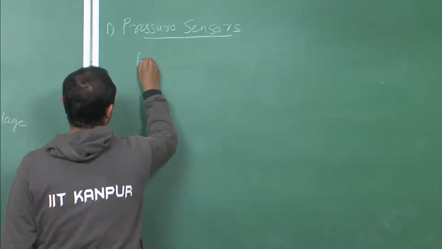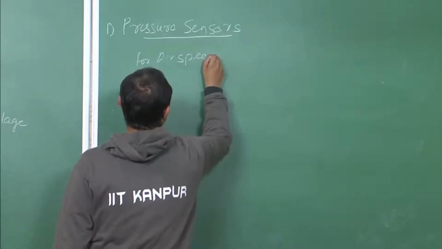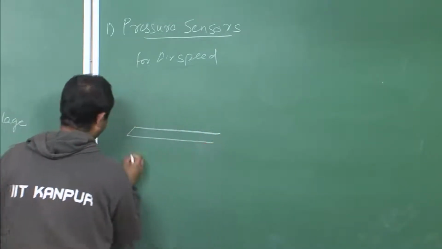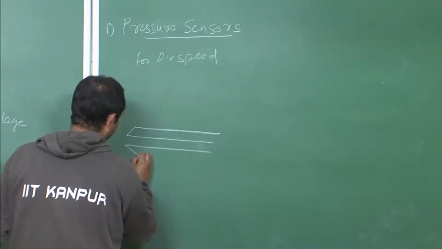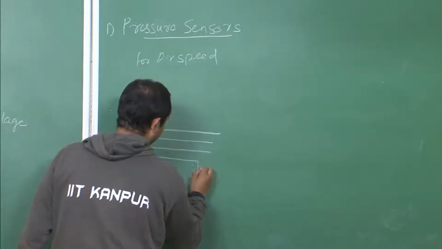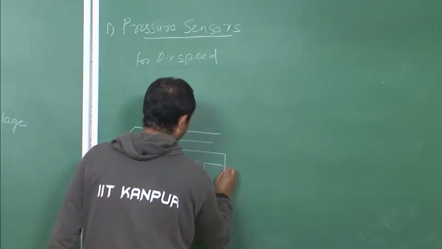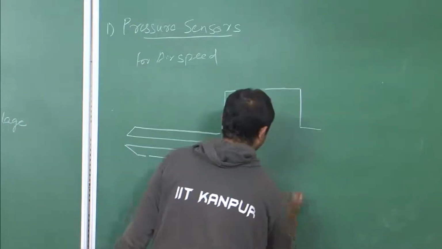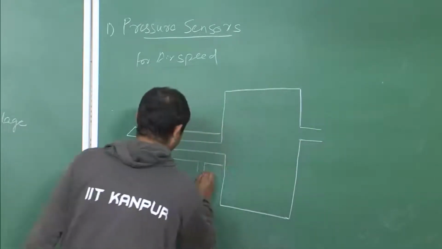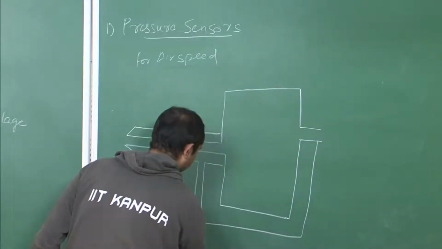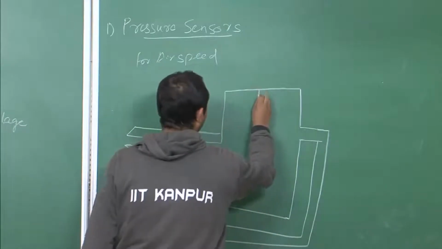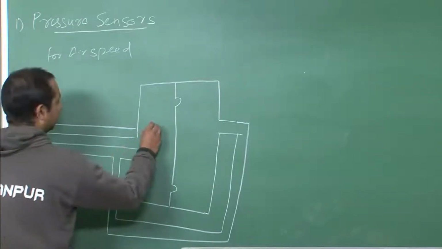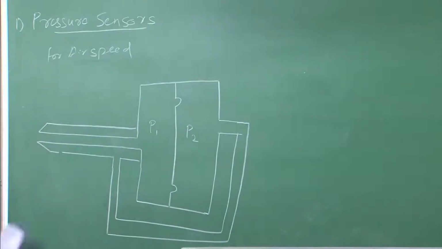For airspeed, you have a pitot tube. P1 and P2 are the volume chambers.